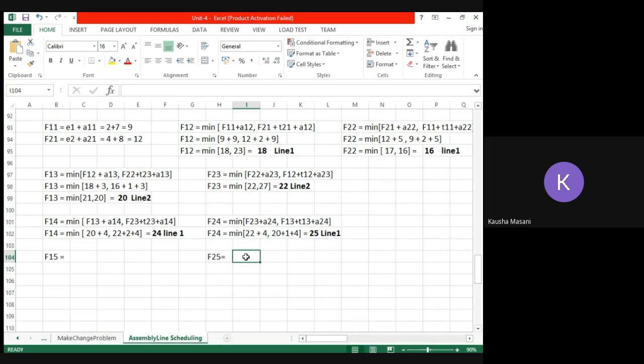Calculate quickly for 15 and 25. Okay, and 25. Go for F16 and F26 then. Online students, you can compute F16 and F26 also.